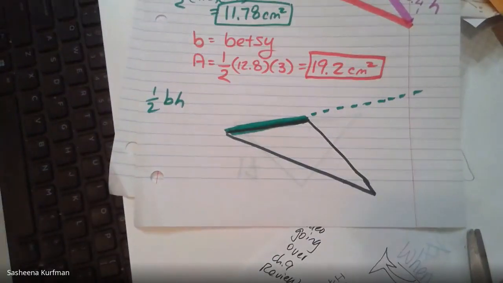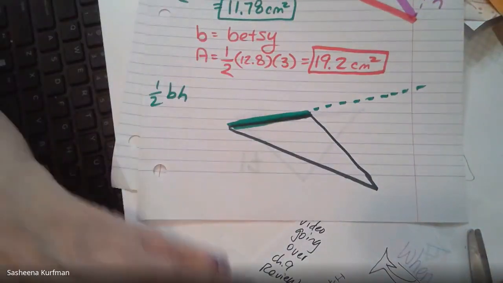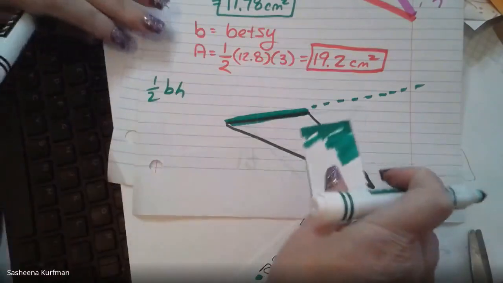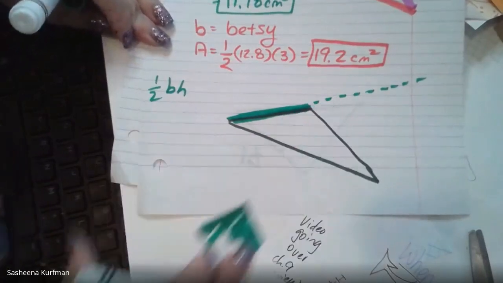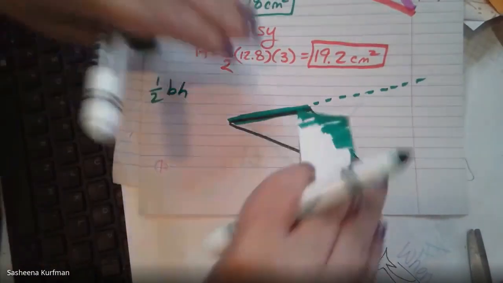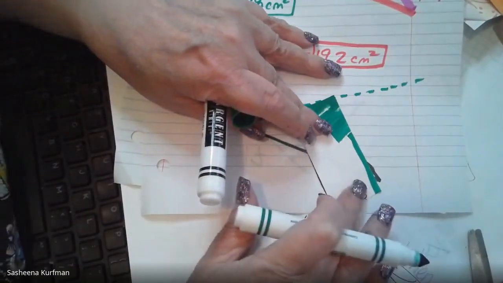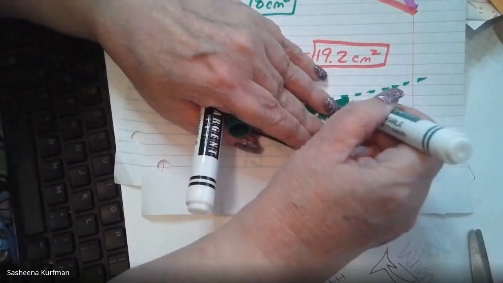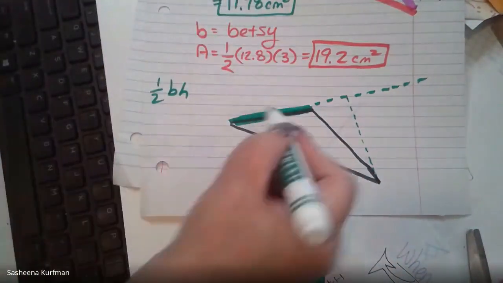Here I have a piece of paper, and I know paper always forms a right angle. So I need something that goes to this opposite vertex and forms a right angle with the side. This would be the height that I would use for this base.